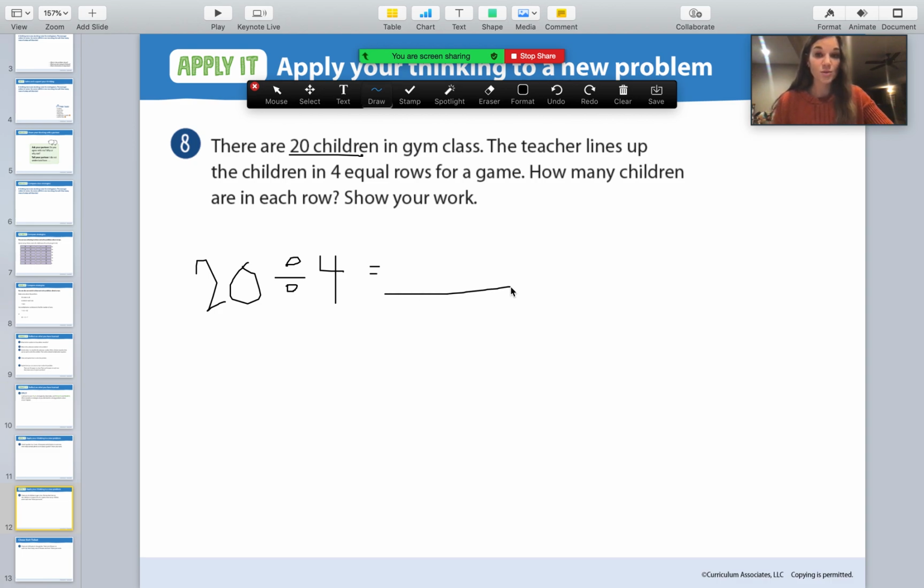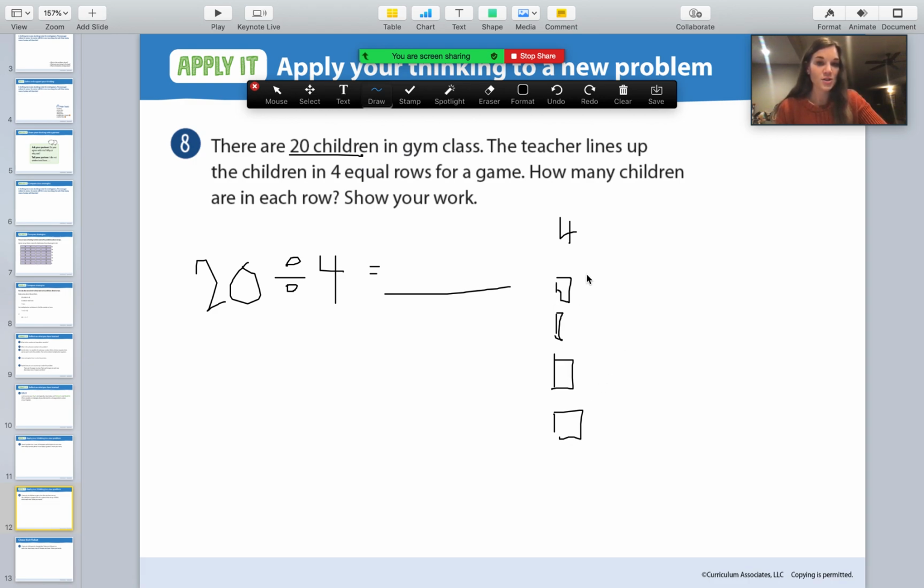Okay, again, so say this is a child. There are 4 equal rows. Okay, so I just did 4 right here. So there is 4 rows.